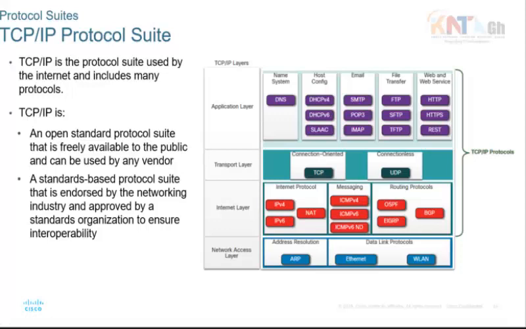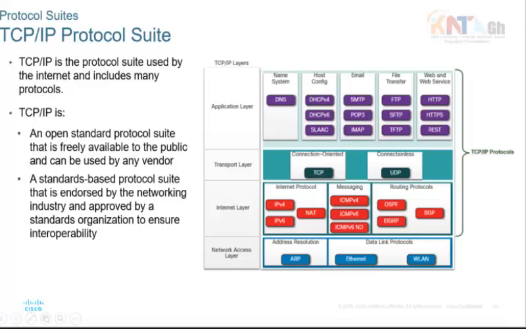So the TCP/IP protocol suite at the application layer has the Domain Name System, and then DHCP for host configurations. So you have protocols at the application layer: DNS for the naming system, and DHCP protocols that take care of host configuration.